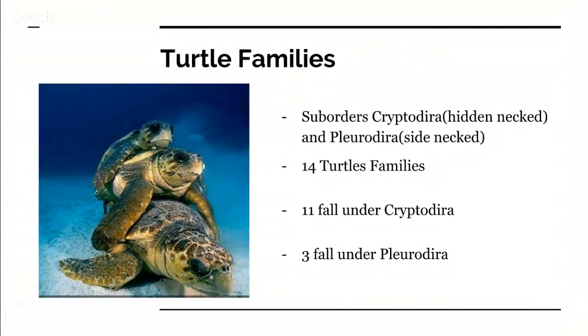You have the Carettochelyidae, which are the pig-nosed turtles, the Cheloniidae, which are the sea turtles, the Chelydridae, which are the snapping turtles, the Dermatemydidae, which are the river turtles, the Dermochelyidae, which are the leatherback turtles, the Emydidae, the pond turtles, the Geoemydidae, Asian box turtles, the Kinosternidae, which are the mud turtles, the Platysternidae, which are the big-headed turtles, and the Testudinidae, which are the tortoises. And then the Trionychidae, which are the soft-shelled turtles. Those are the 11 that fall under Cryptodira, the hidden neck turtles.